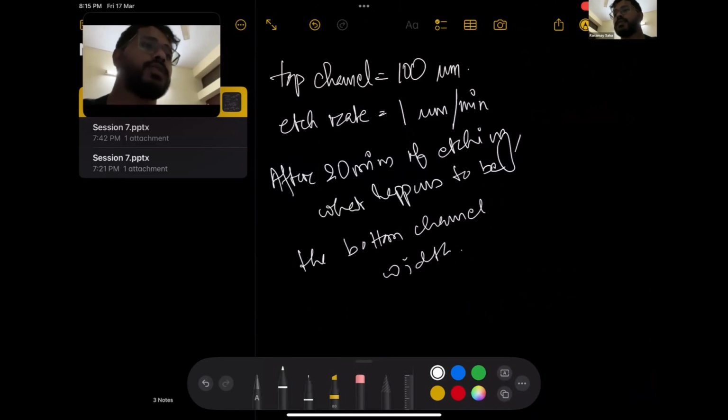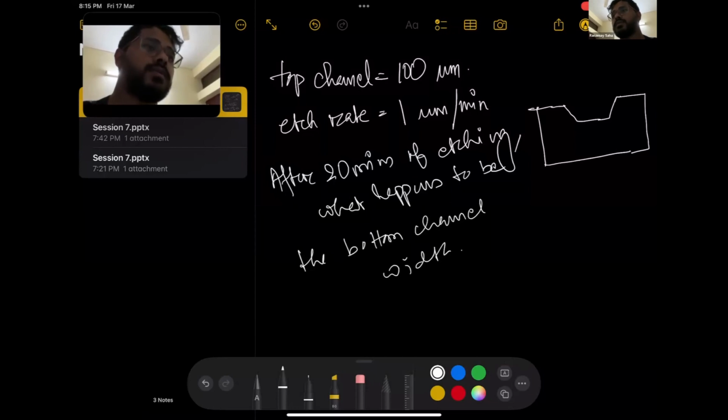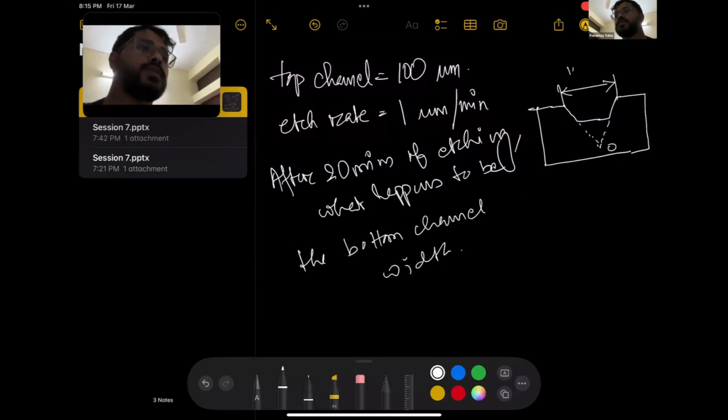If you look at the diagram, this is your bottom channel, and suppose it meets at any arbitrary point O. This is your top channel width, given as 100 microns.